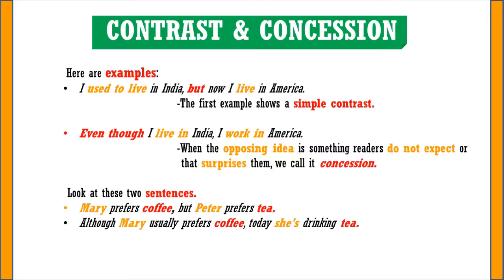Okay, my friends, remember that with simple contrast, we are usually comparing a similar aspect of two different people, things, or situations. And with concession, we are often contrasting two different aspects of the same person, thing, or situation.